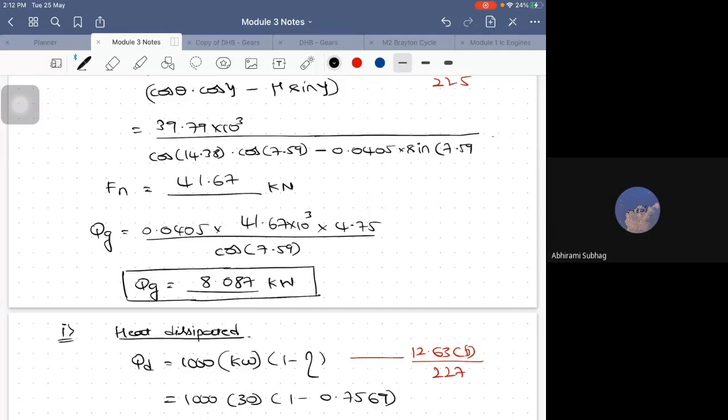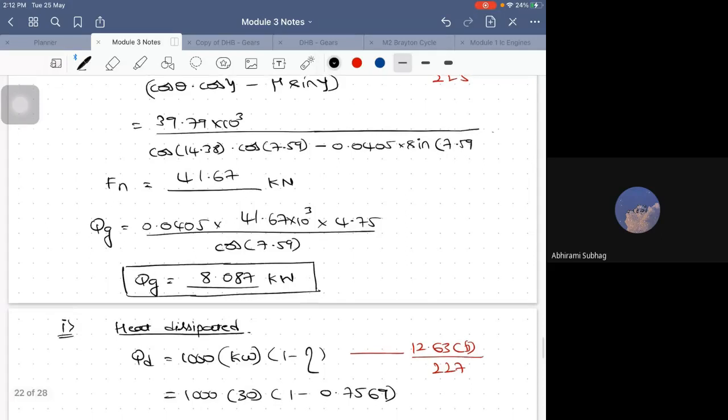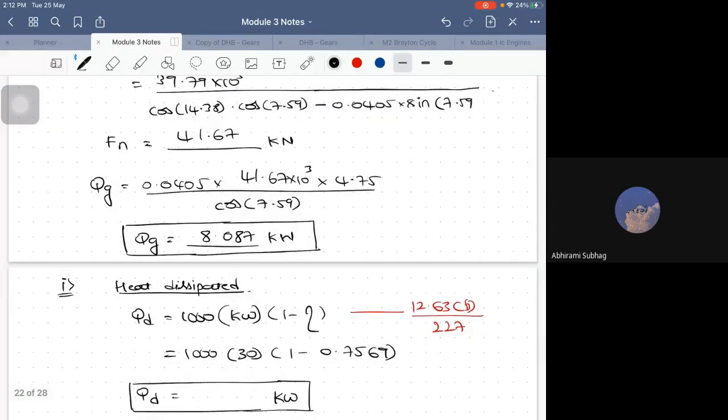You can pick it, calculate the heat dissipated there, and give me the value of heat dissipated. 7.29 kilowatts. Now, what is your inference?